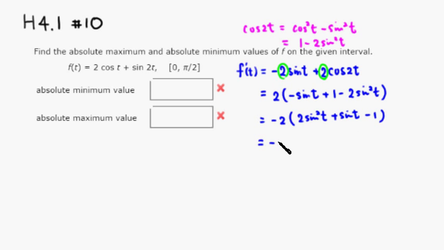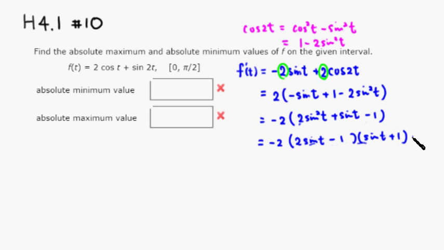So you have a negative 2 times (2 sine of t minus 1) times (sine of t plus 1). Checking: 2 sine of t times sine of t gives you 2 sine squared of t. Then 2 sine of t times 1 and minus 1 times sine of t gives you plus sine of t. And negative 1 times 1 is negative 1. So that will work out.